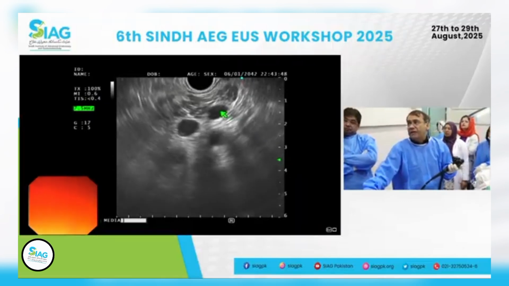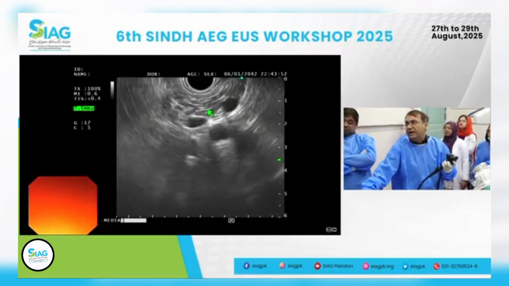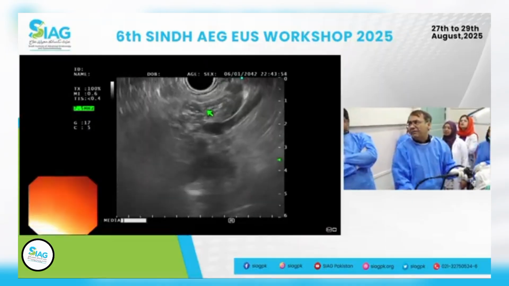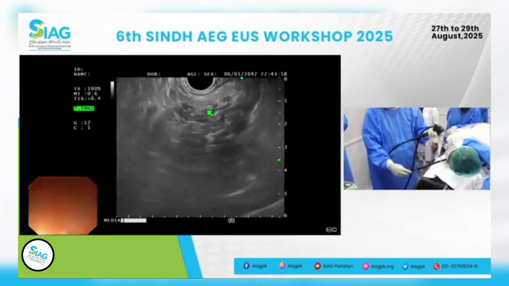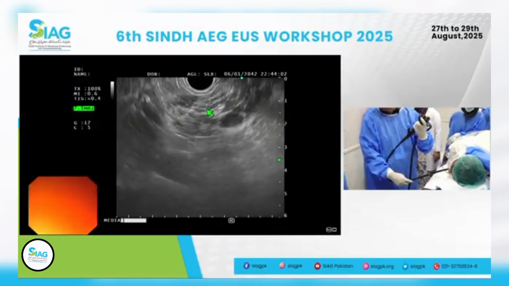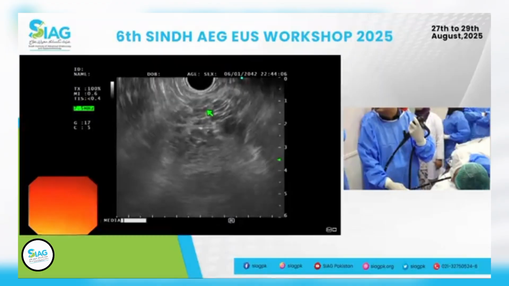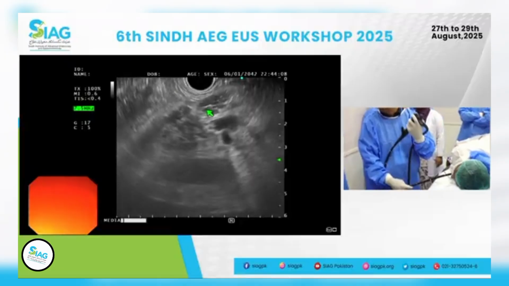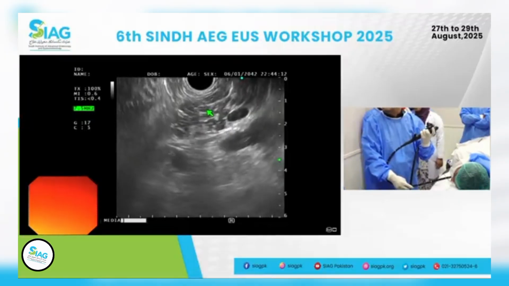Here you see the splenic artery there, the splenic vein there, and looking at the pancreatic duct, it is not very dilated, but I'll show you in just a second. Not really dilated at all. Okay, but it's somewhere there.